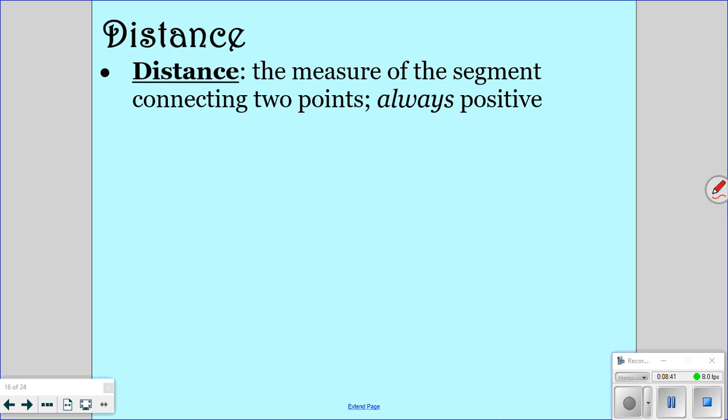Distance is always the measure connecting 2 points, and it's always positive. If you say that you're going to drive to West Monroe, you may go 15 miles, 10 miles, 5 miles, whatever it is. You're never going to say, oh, I went -7 miles today. Even if you backed up, your car odometer is still going to be going up. It's never going to start decreasing. So distance is always going to be positive.